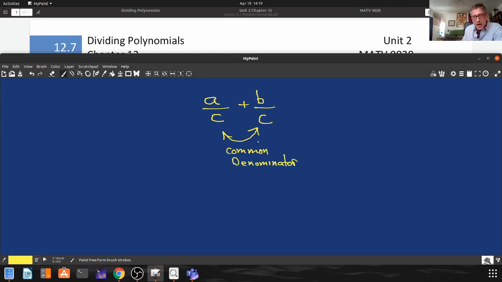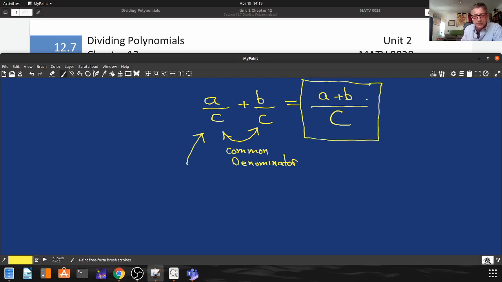But when I have the common denominator, the result is over c, which is my common denominator, and then I just add a plus b in the top. So up until now, we have been trying to find our common denominator and write fractions in the form of a/c plus b/c.